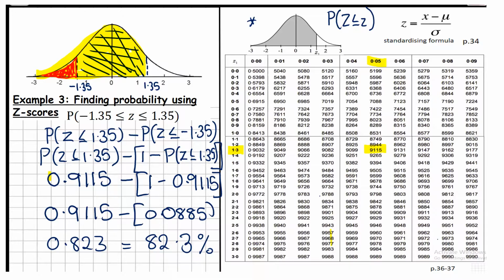So we could say 82.3% of the data lies within plus and minus 1.35 standard deviations of the mean.